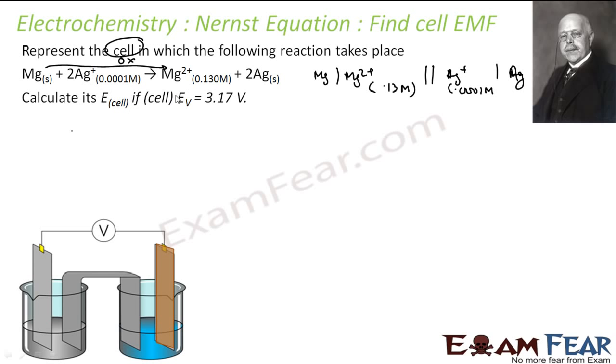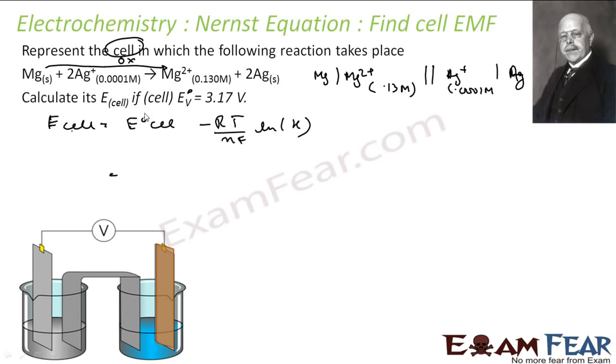Now you have to find the E cell if standard E naught is 3.17 V, right? So we know that E cell is nothing but E naught cell minus RT by NF ln K. So let's put the value.